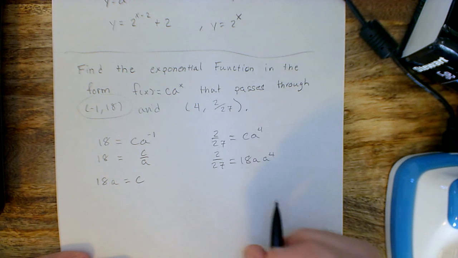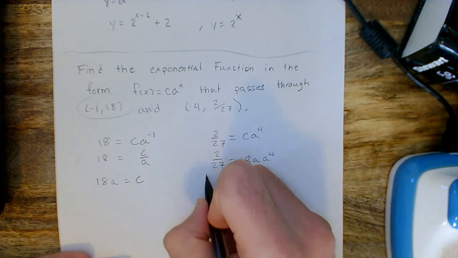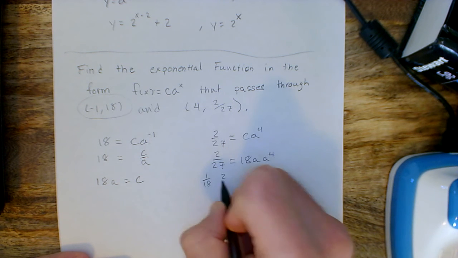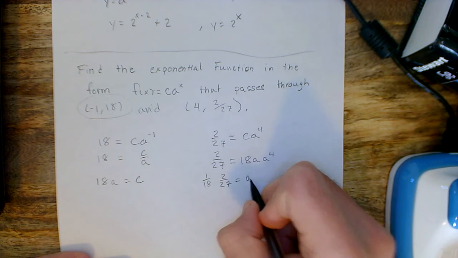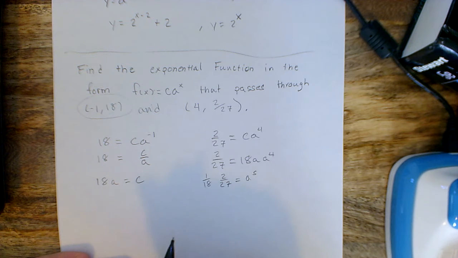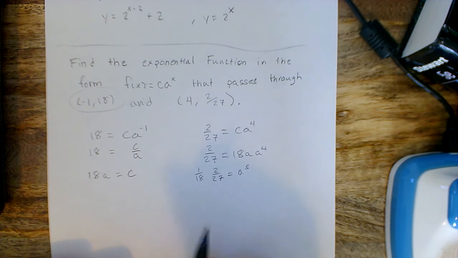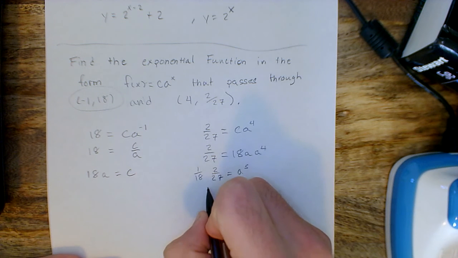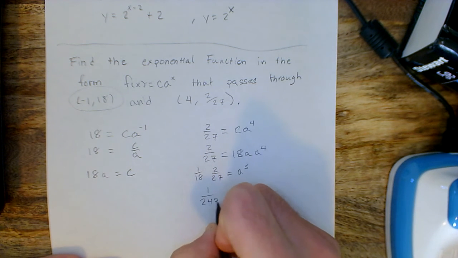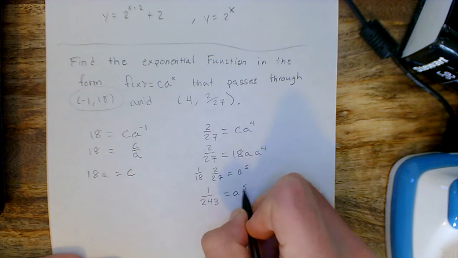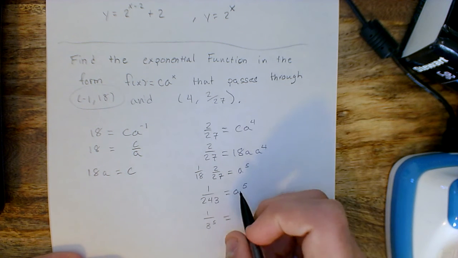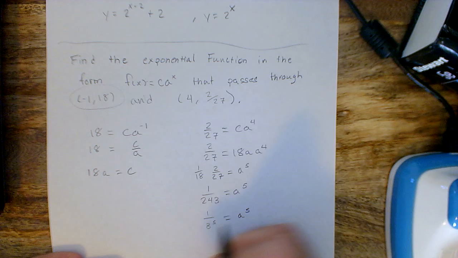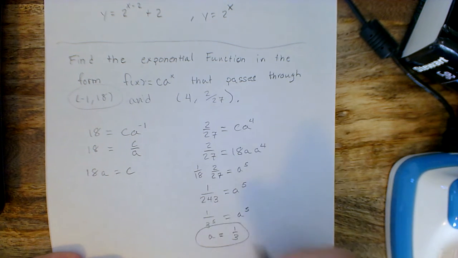Now I'm going to divide both sides by 18, so you get 1 over 18 times 2 over 27 is equal to a to the 5th power. If you put it in your calculator, that is 1 over 243 equals a to the 5th, which is 1 over 3 to the 5th power, since 243 is 3 to the 5th power. So a is equal to 1/3.